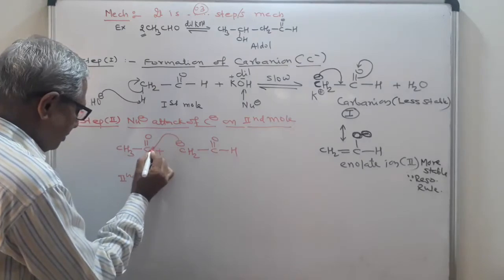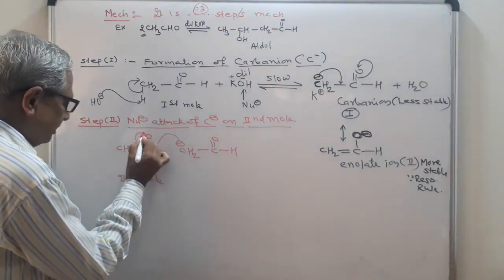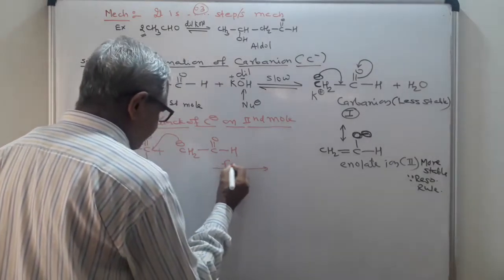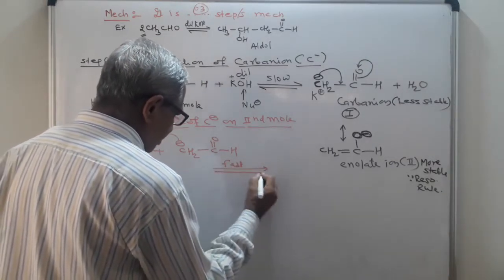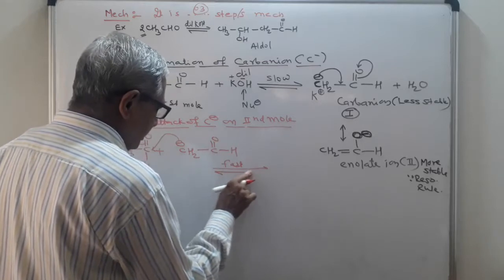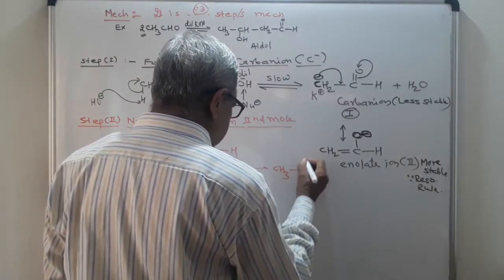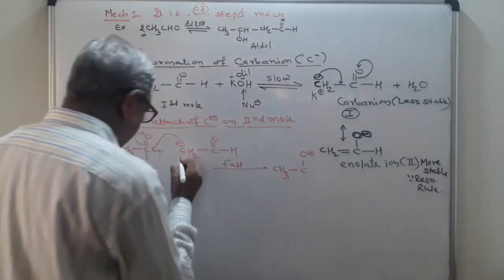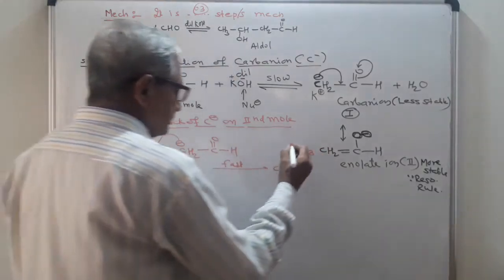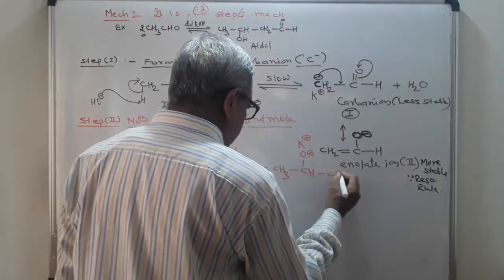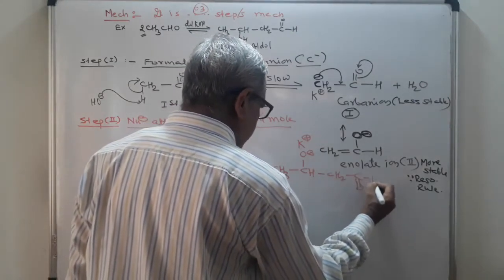This will be a new carbon-carbon bond formation and the pi bond will be broken. This step is a fast step. Now see here, you will get the structure like this, CH3CH-O minus with K plus, balanced by K plus, and CH2CHO.